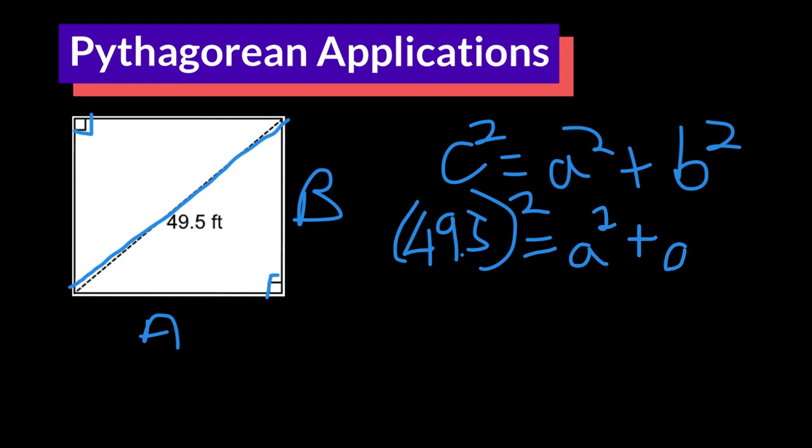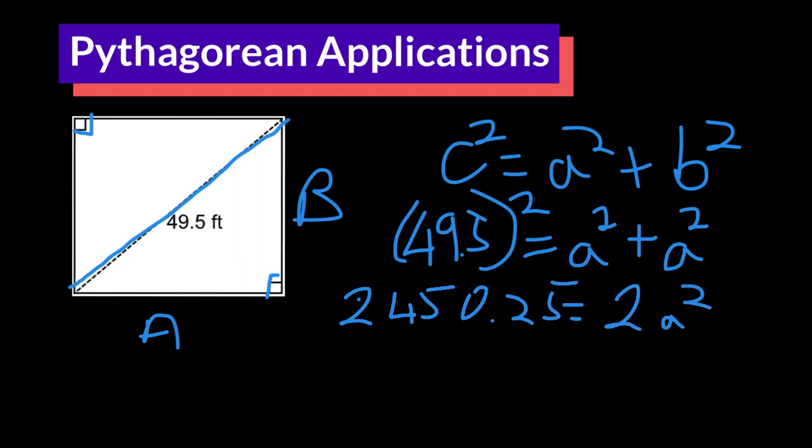So we could just put a squared plus a squared because they're the same. So we only have one unknown, so we can figure this out. Using our calculator, we know that 49.5 squared is 2,450.25, and a squared plus a squared is 2a squared.